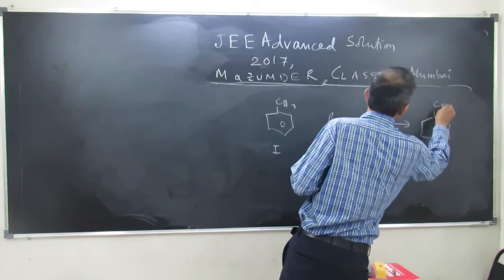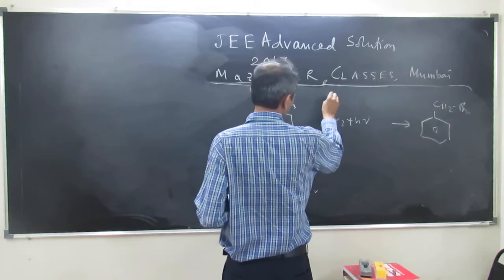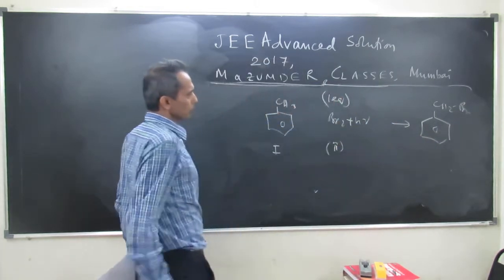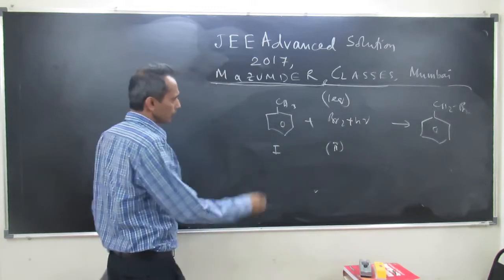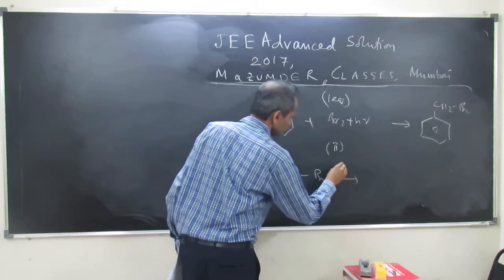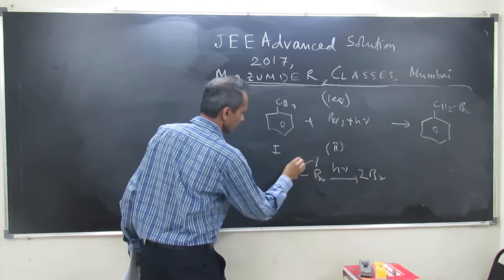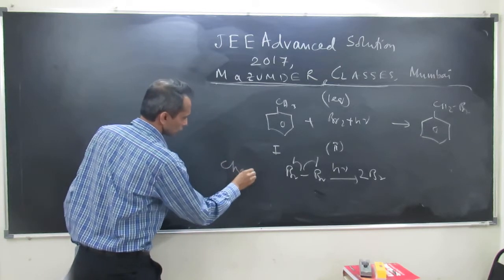It will give you CH2Br. Obviously, if I say one equivalent of bromine, then it is better. The mechanism is very simple. Bromine first breaks down by hν to Br dot, a homolytic cleavage. This is the chain initiation.